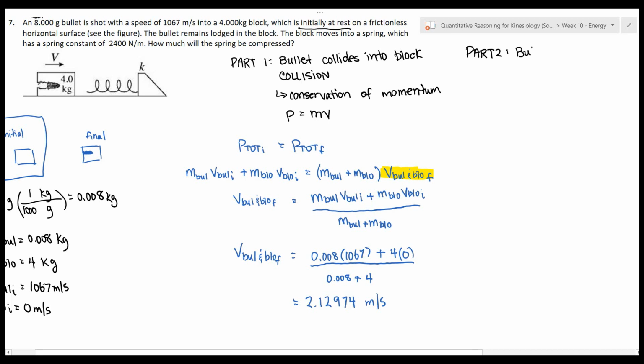So I'm going to say the bullet block. So this is one system, one object, it's the bullet and block together. They're compressing the spring. So this is a transfer of energy.